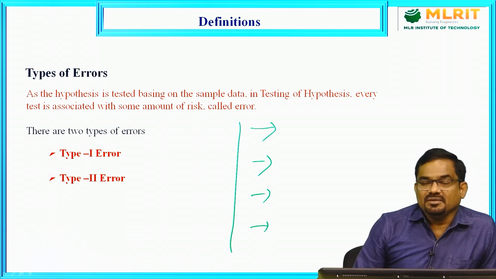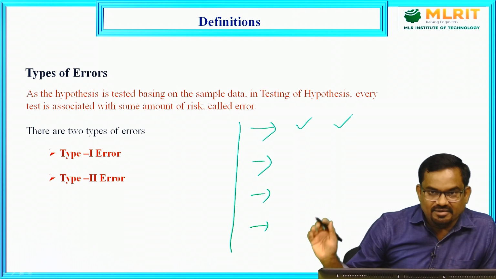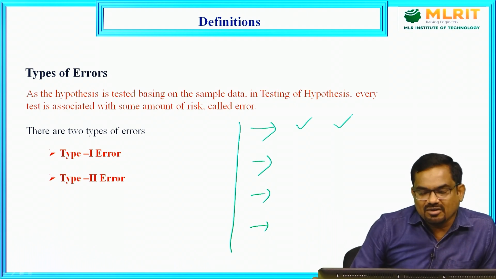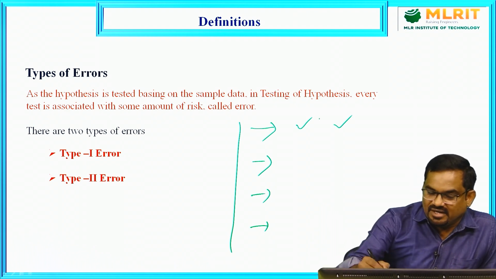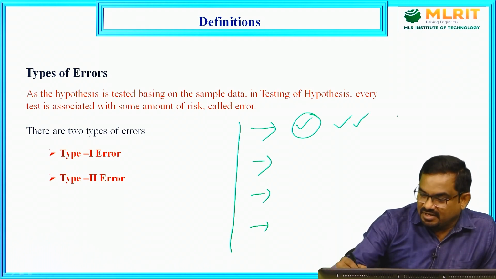For example, he went out with an umbrella and there was a heavy rain. Now, is the decision good or not? He went with an umbrella and on that day there was a heavy rain. So, a good decision.